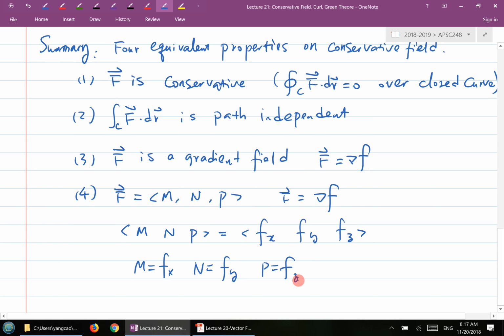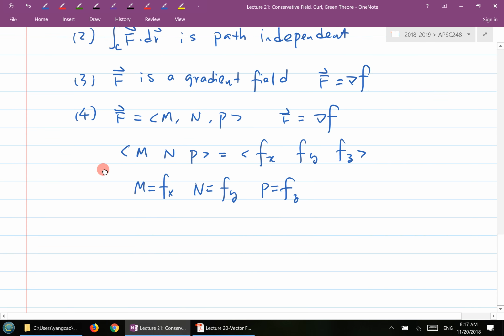Okay. So now if I calculate the vector line integral, and I think I presented this one very briefly to you, I can simply insert the F with M, N, and P, and then dot dr. dr is from the parametric equation for the curve C, which represents x of t, y of t, and z of t.